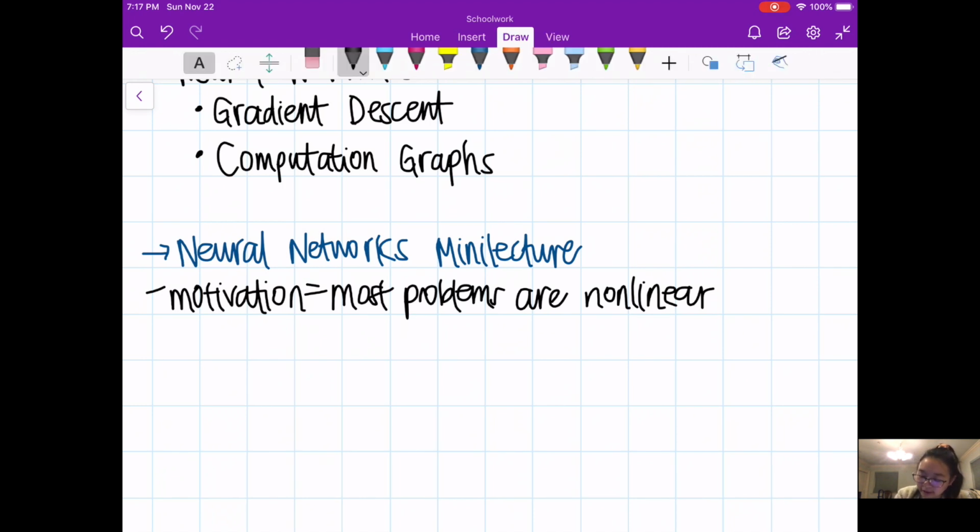So that's this whole idea of what we call a universal function approximator.